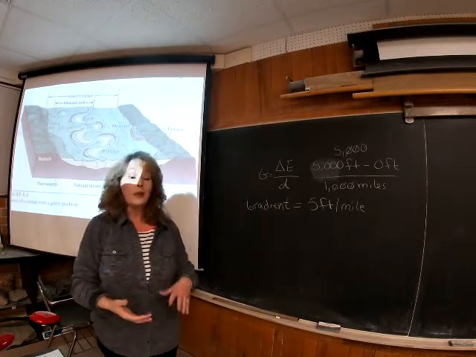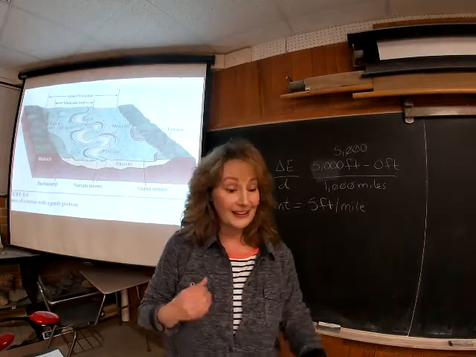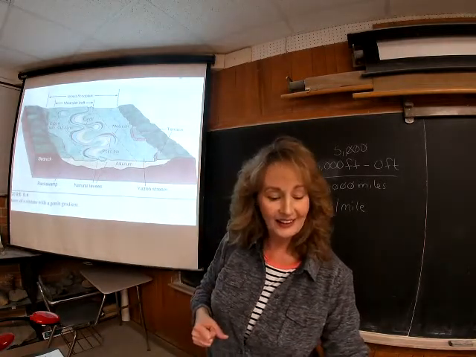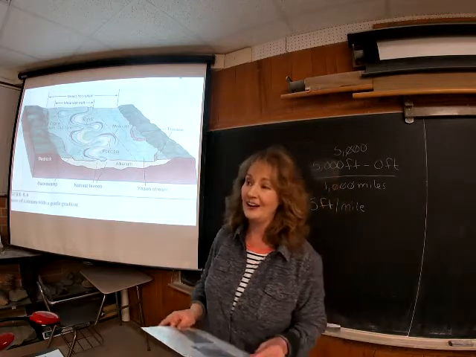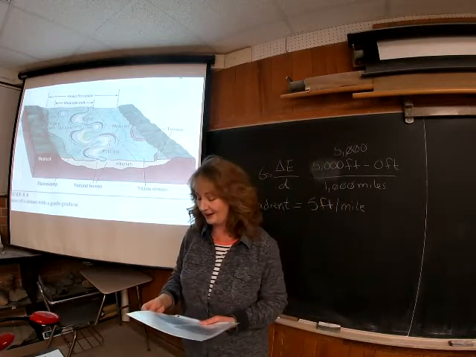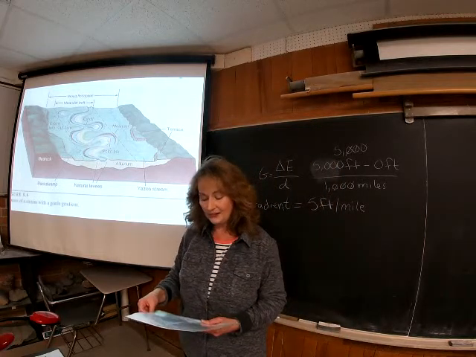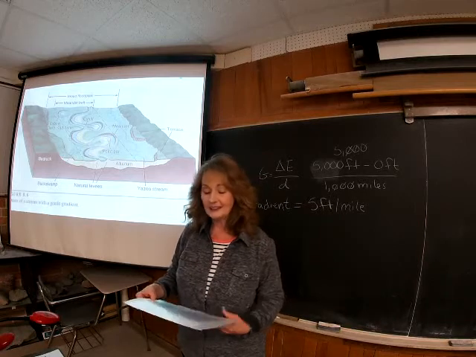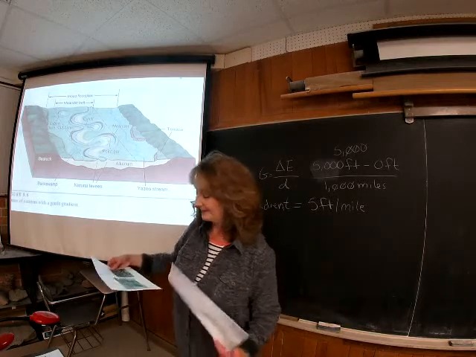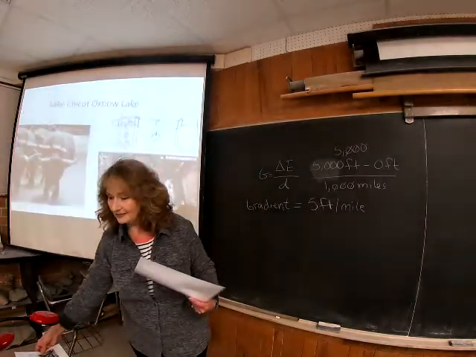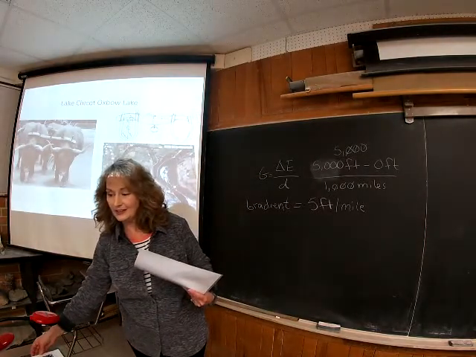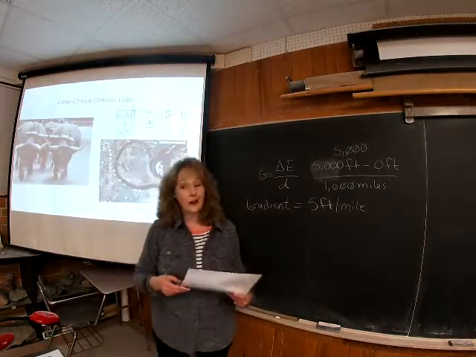Here, it's been really cut off and left behind, almost like a scar of a meander, and it's called an oxbow lake. We have an oxbow lake here in Arkansas in the Lake Chico area, the Lake Village area. Here's something for your notes: Lake Chico as an oxbow lake.